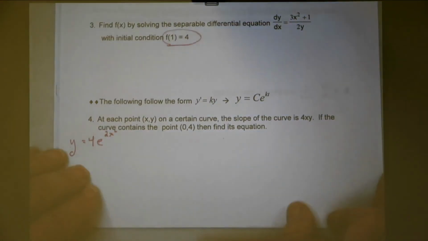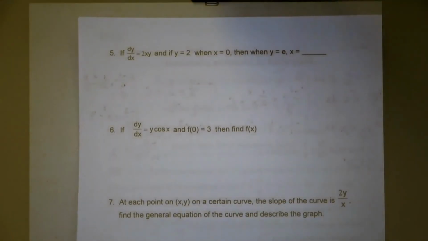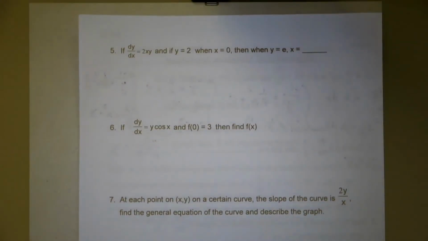All right, let's look at problem 5. First of all, you can see you're going to have dy/dx equals 2xy, so you're going to be dividing by y, which means you're going to have natural log introduced into this problem. Everybody see that? I know I said that really fast.